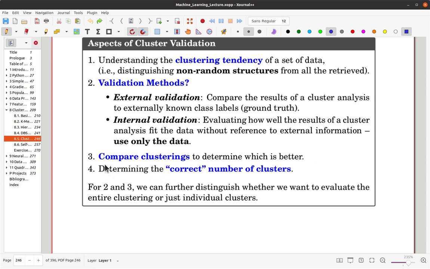Also, we want to compare clusterings to determine which is better. And also, we should determine the correct number of clusters. Through cluster validation, we can choose the correct number of clusters.